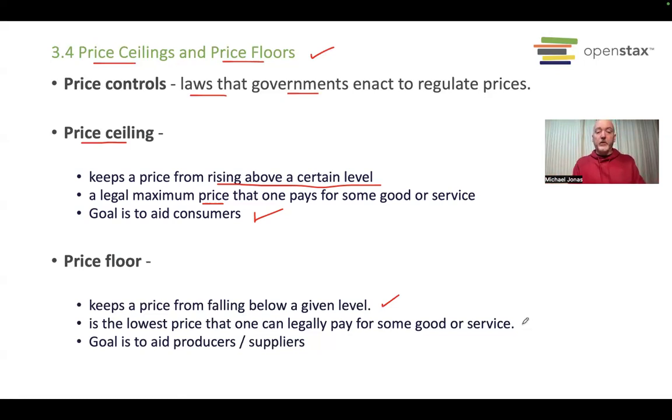It's going to give some number that is the lowest legally allowed price for a given transaction for a product, a good or service. And the same idea, who benefits from that? Well, who doesn't like low prices? Sellers. So if we keep this minimum price, that's going to be keeping a minimum revenue per unit. So it's going to support the viability of suppliers of the product.